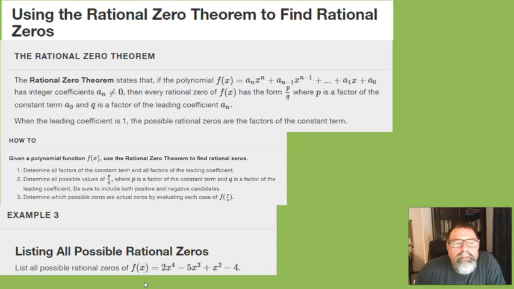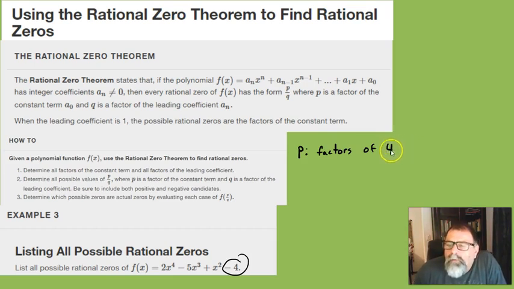Okay, so list all possible rational zeros. So again, we're going to determine all the factors of the constant term and all the factors of the leading term. P is going to be factors of the constant term, which in this case, ignore the negative, just do 4, factors of 4, and then we're going to put plus or minus for all of them.